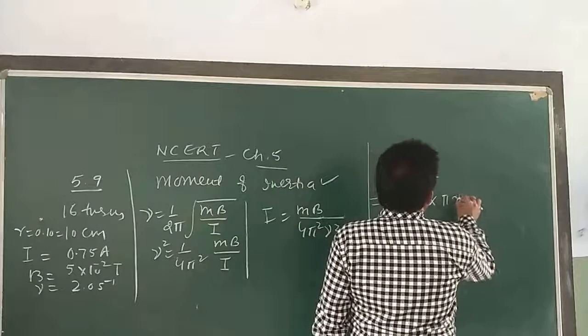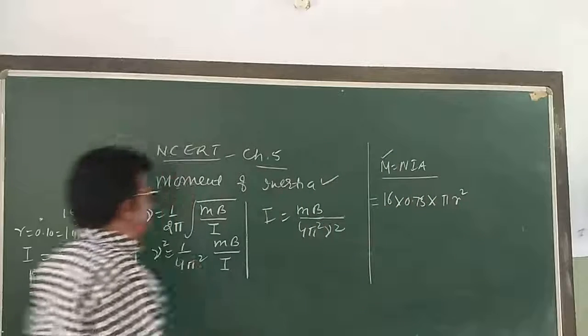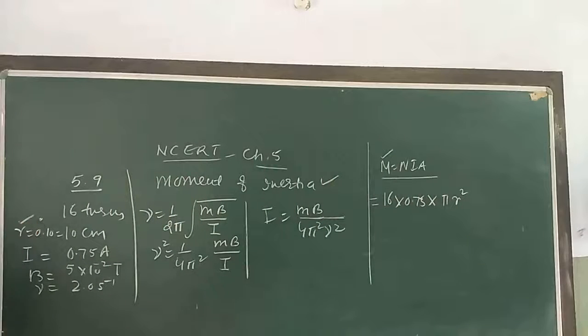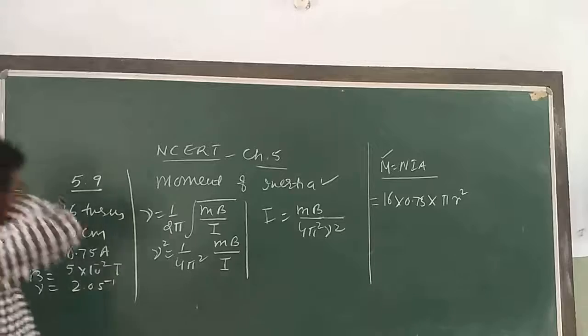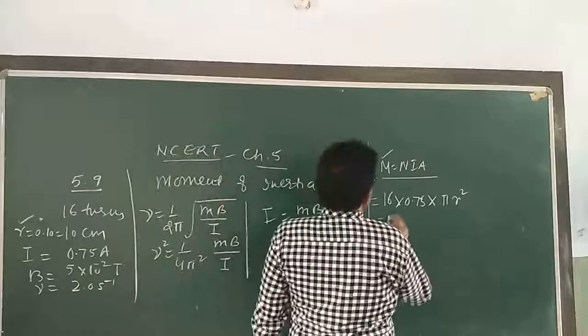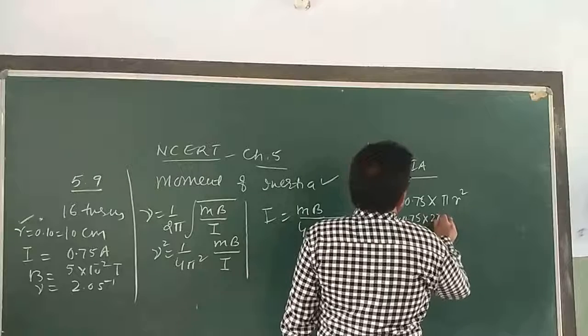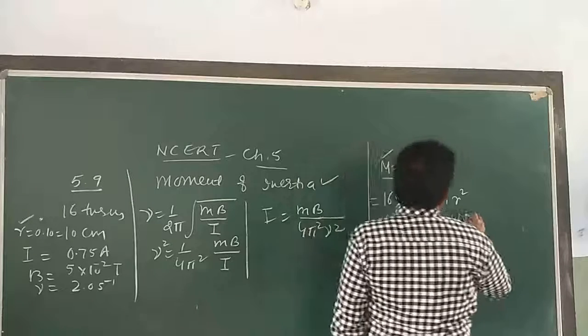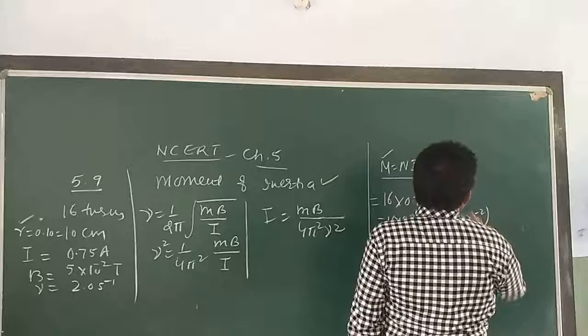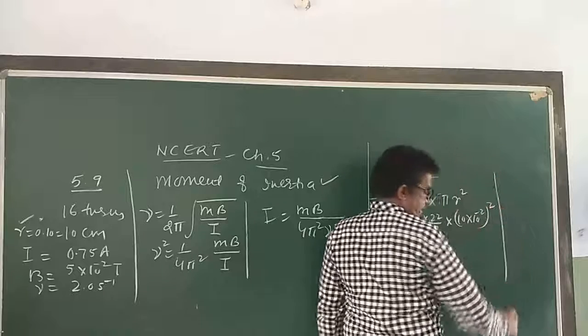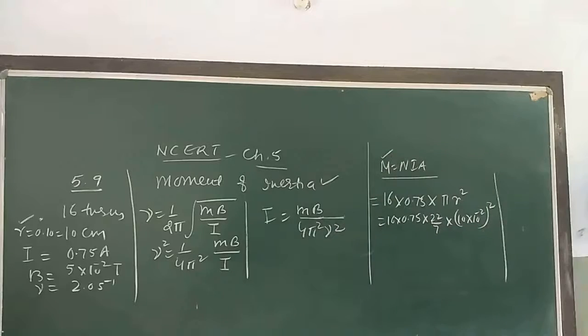The radius is here, this is pi into 10, so 16 into 0.75 into 22 by 7 into 10 into 10 raised to power minus 2 the whole square. This is there. So my dear children, with the help of this formula, you can find out here what is m.